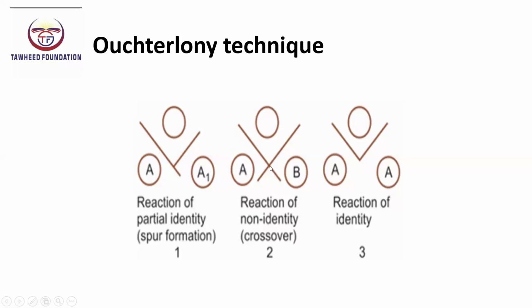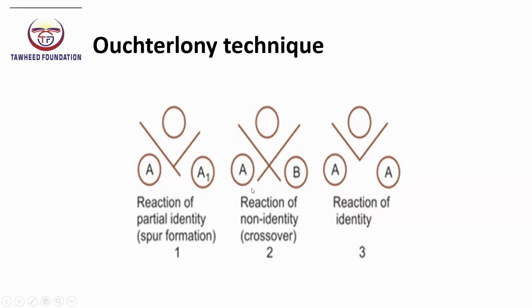So next is the reaction of non-identity, that is the middle of the image in the second part of this diagram. Again, the top well contains antibody and the two lower wells contain antigen A and antigen B. This time the precipitin lines formed by both antigens cross each other. They do not merge or fuse.